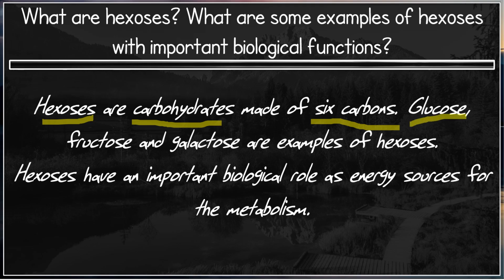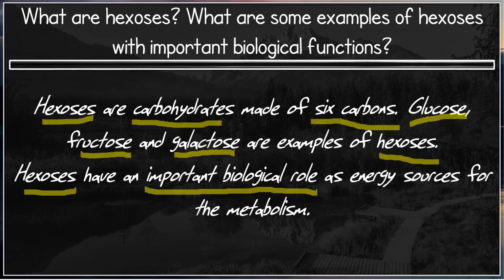We have glucose, fructose, and galactose. These are examples of hexoses. Hexoses have an important biological role as an energy source for the metabolism.